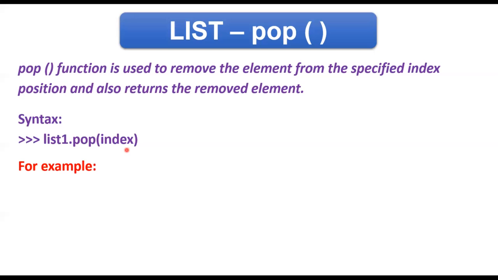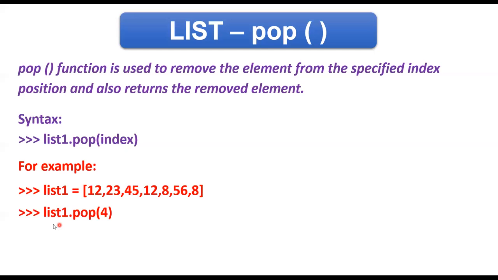For example, there is a list of elements, list1. Now, if I write list1.pop(4), that means I'm applying this pop operation on the fourth index position in my list. So if we check manually which element is stored at the fourth location, 0, 1, 2, 3, 4, on the fourth location we are getting 8.